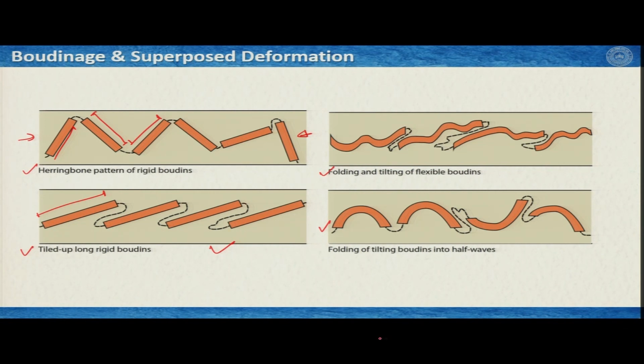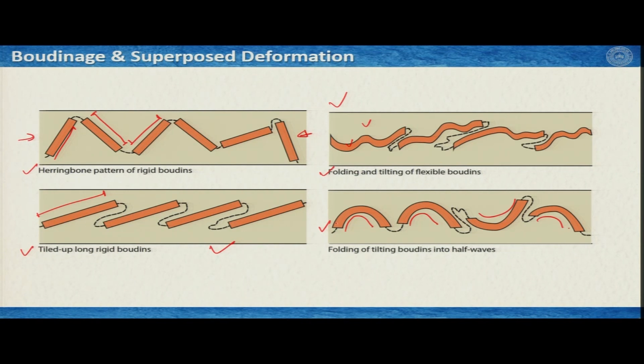Then the flexible Boudins, which we see here, that means the competence contrast between this and this is not that significant, they are folded, and if the width to thickness ratio is not large, then the individual Boudins are folded into half waves like you see here or here or here and so on, and the neighboring folds often close in the same sense.